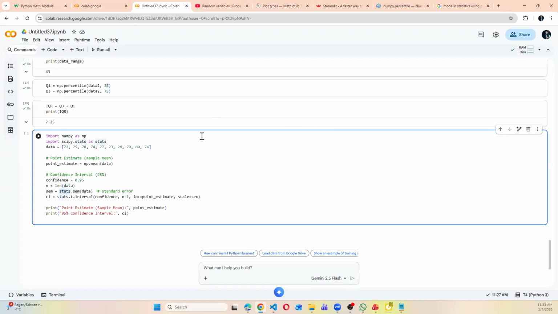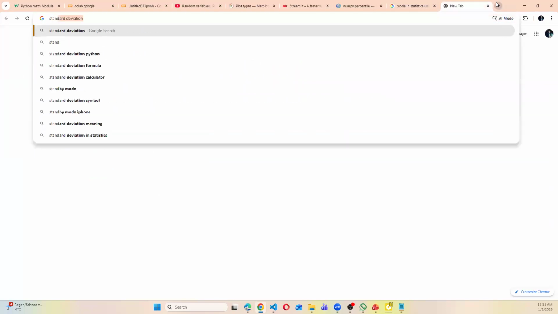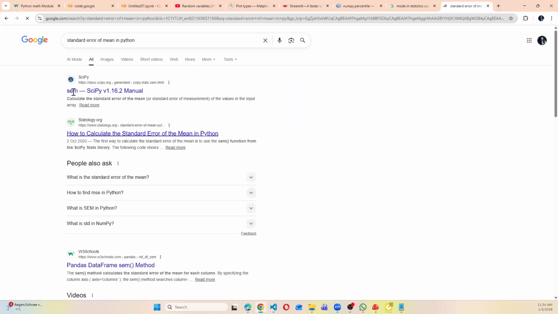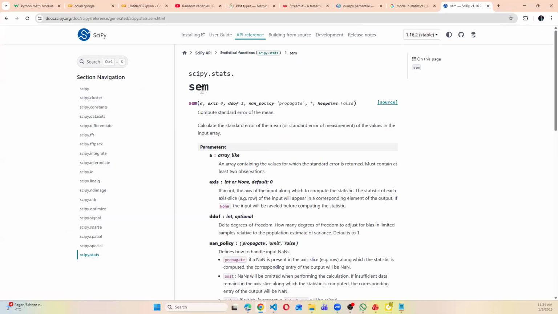This function comes from statistics, standard error of the mean in Python. You can use sem, the shortcut, which comes from this library. What it does is calculate the standard error of the mean of the values in the input.